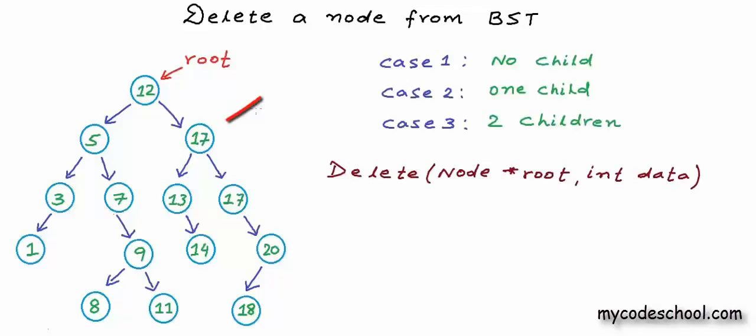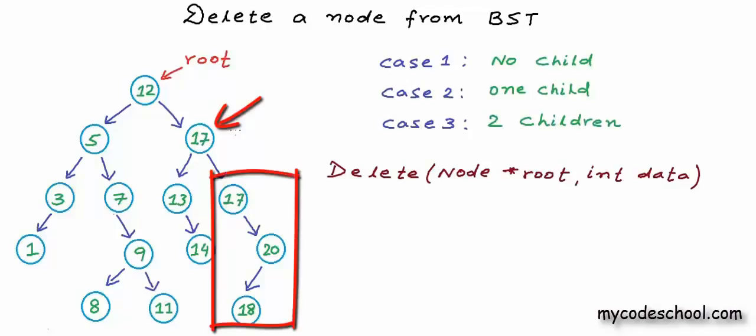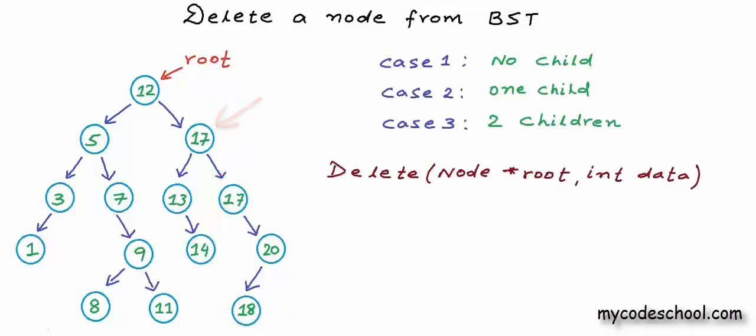For this node, if I'm bringing in the minimum from its right subtree, then because I'm bringing in something from its right subtree, it will be greater than the previous value. 17 is greater than 15, so all the elements in left of course will be lesser, and because it's the minimum in right subtree, all the elements in right of this guy would either be greater or equal. We'll have a duplicate that will be equal. Once the duplicate is removed, everything else will be fine.